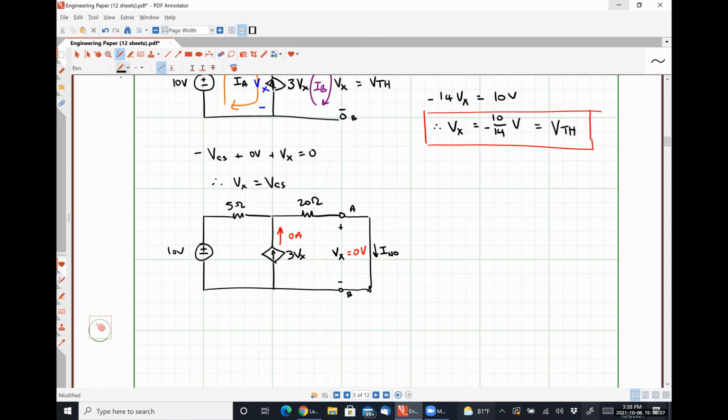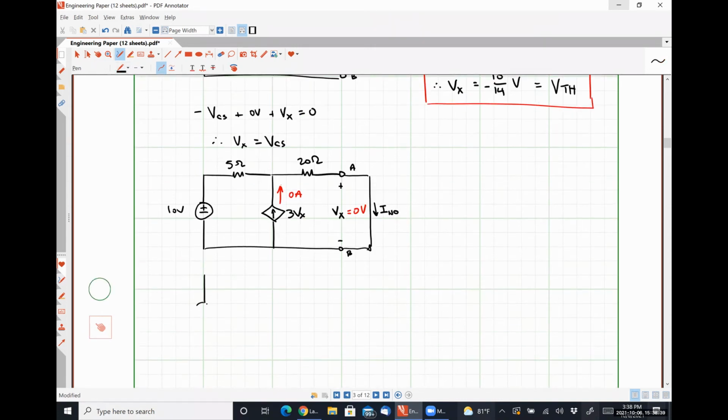So these are identical representations from a circuit analysis perspective, right? For this particular value, Vx is 0 volts. Our current source behaves like it isn't even there, because that's what an open circuited current source does.